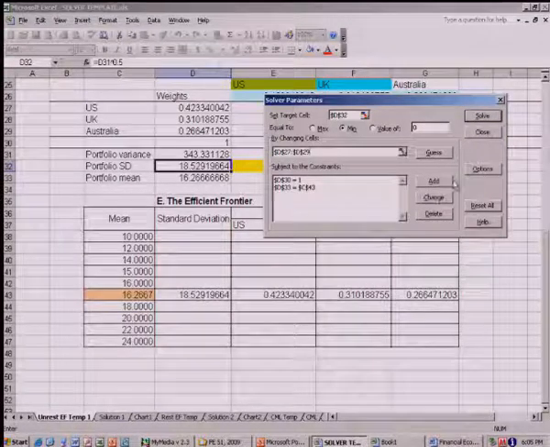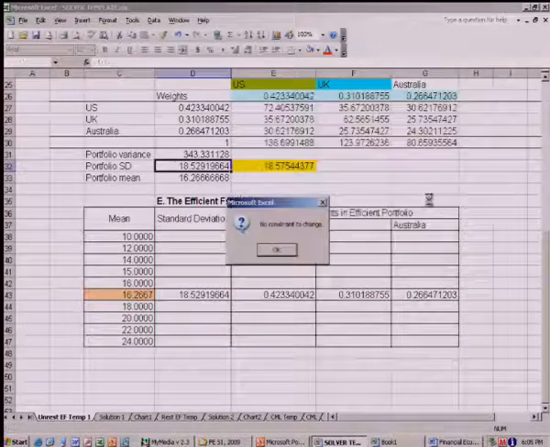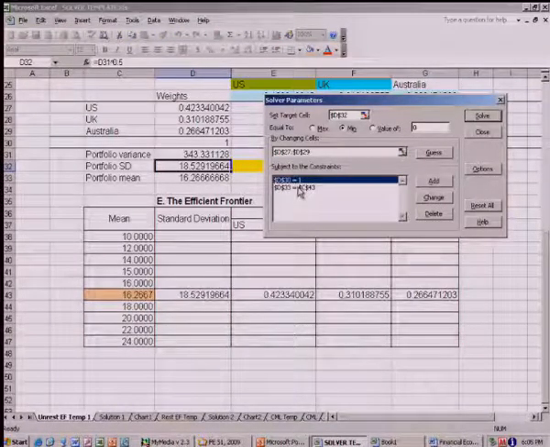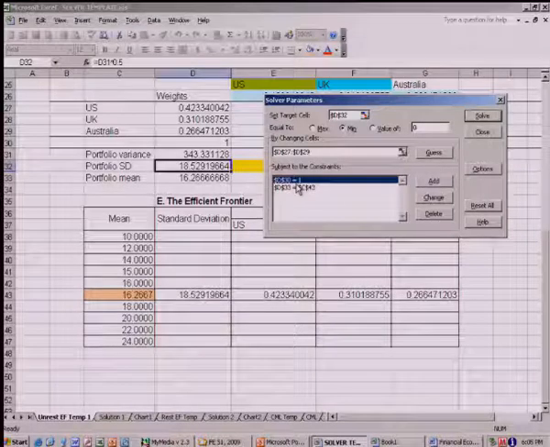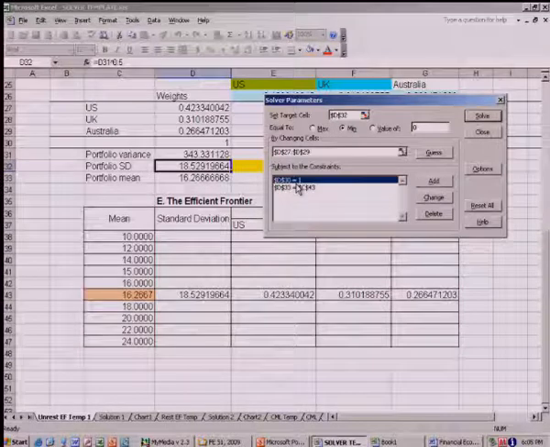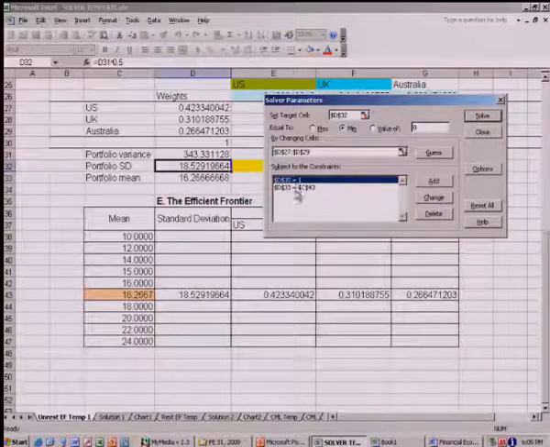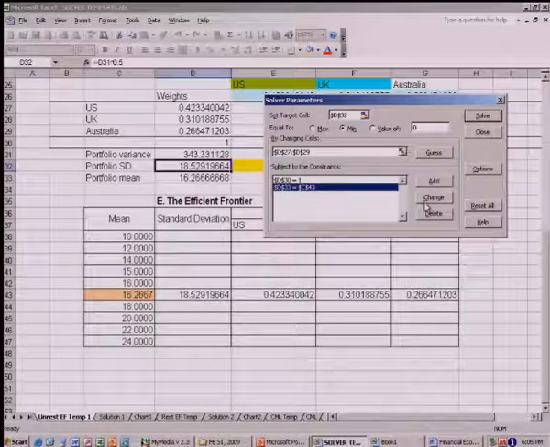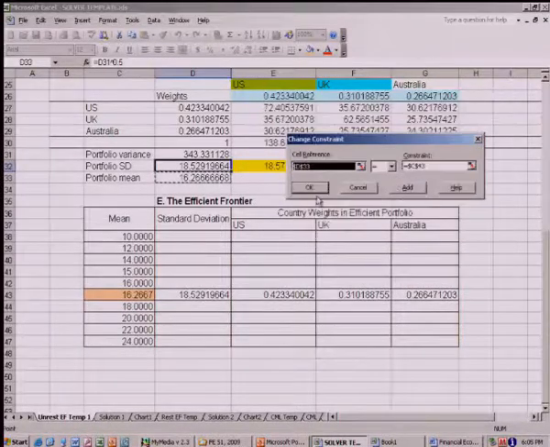So what I'll do is I'll click next on the Change button here. Oops. Okay. You have to select the constraint. I do not want to change the first constraint because I still want the sum of my individual weights to be equal to 1. However, the next constraint is the one which I'm interested in changing. So select it and click on Change.